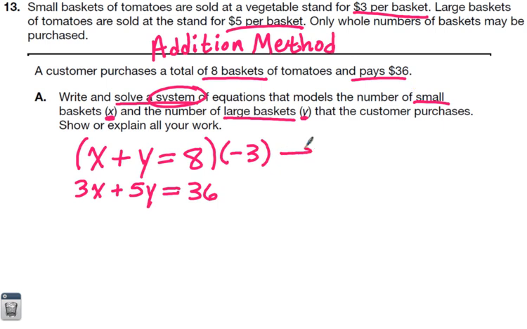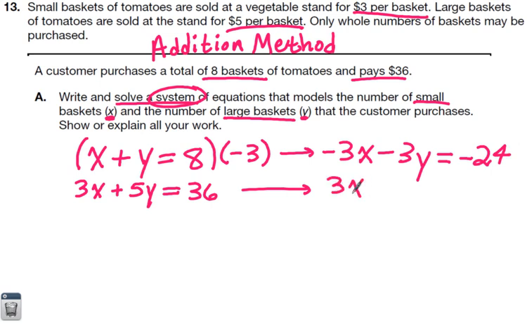But you've got to remember, when you do this, you have to multiply the entire equation by negative 3, not just the x. So the first equation will become negative 3x, just like I planned, minus 3y equals negative 24. Okay? And the second equation, sometimes you also have to change the second equation, but in this case, you don't have to change it at all.